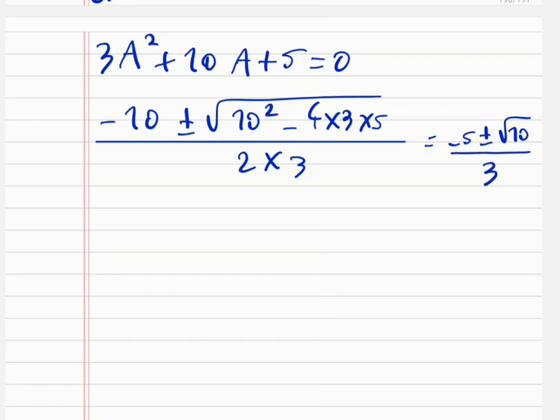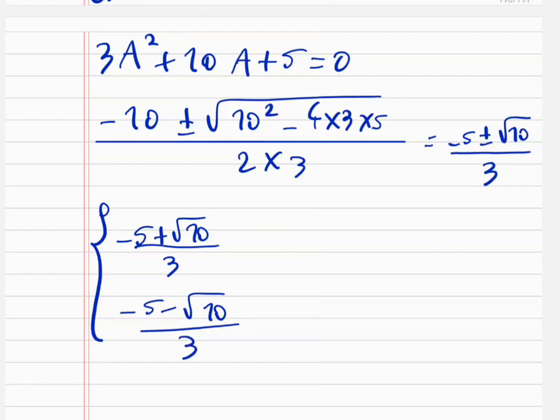Now we have two solutions, but one of them is going to be the x coordinate of A. Let's see what these values are in decimals, because that's going to help us understand which one is A. The first one, minus 5 plus root 10 divided by 3, is roughly equal to minus 0.61.